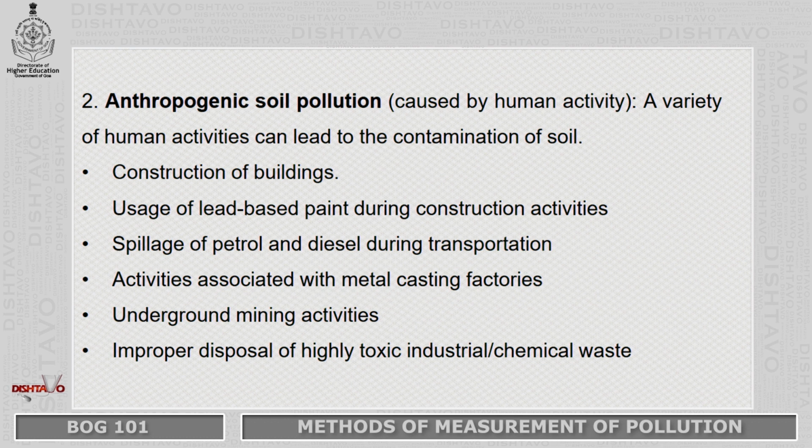A variety of human activities can lead to the contamination of soil: construction of buildings, usage of lead-based paint during construction activities, spillage of petrol and diesel during transportation, activities associated with metal casting factories, underground mining activities, and improper disposal of highly toxic industrial and chemical waste.